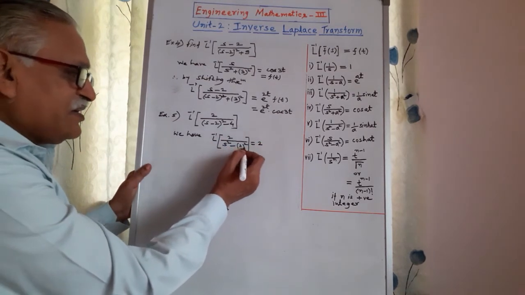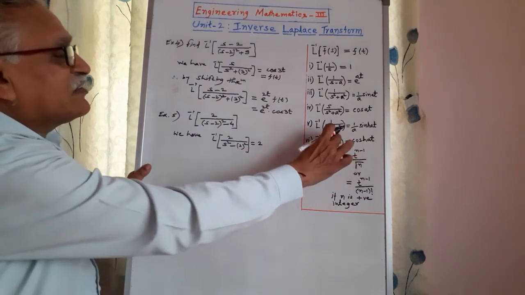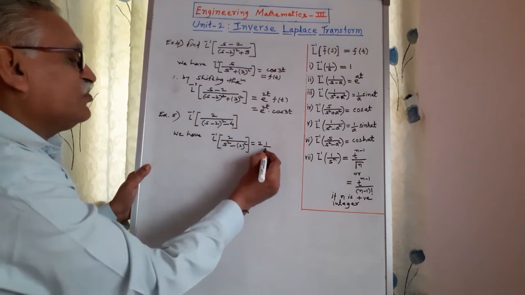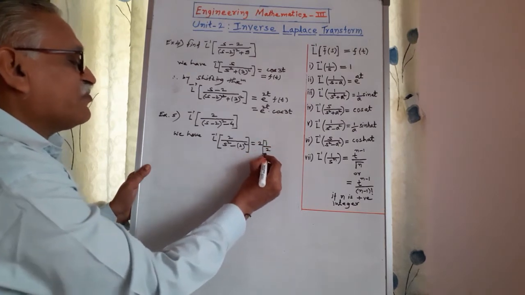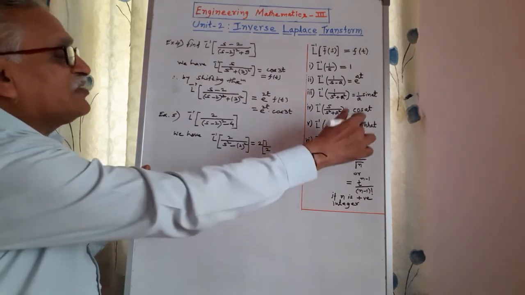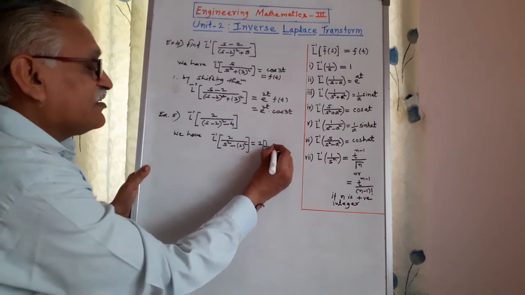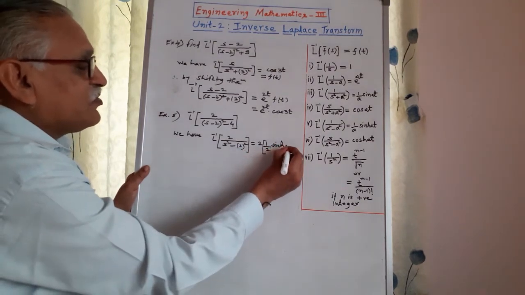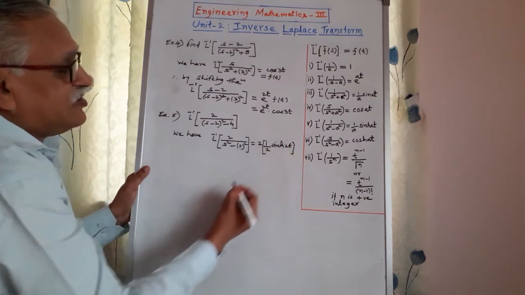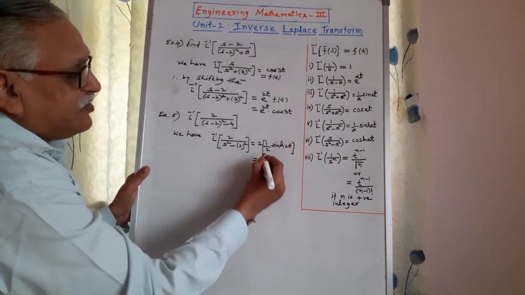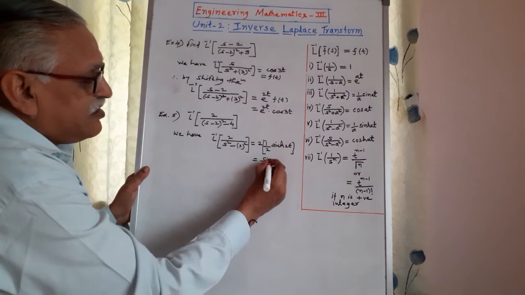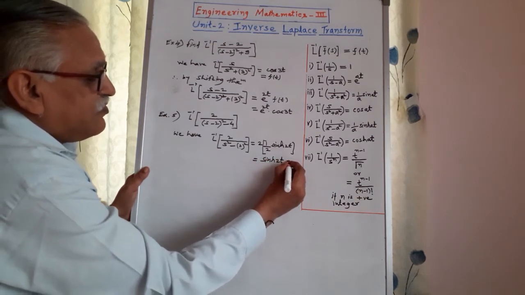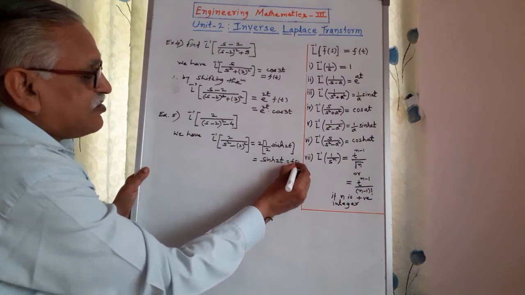Inverse of 1 upon s square minus a square is 1 by a sinh at. 1 by a is here 1 by 2, into sinh 2t. And therefore, the 2 gets cancelled, we get sinh 2t. And we call this f of t.